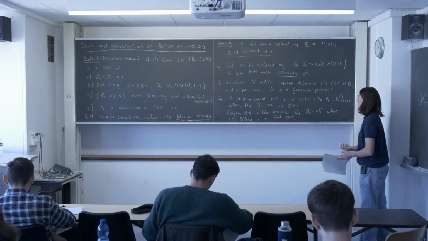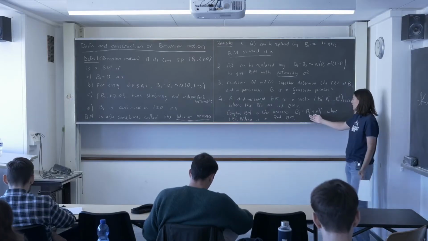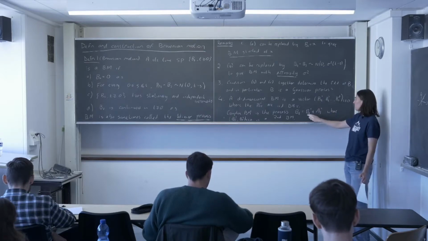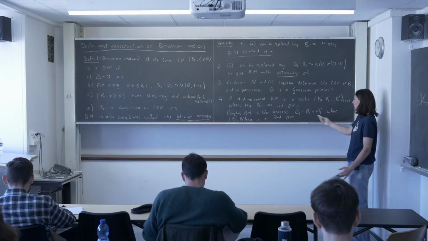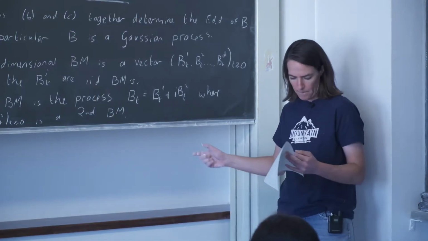Okay, so we can talk about Brownian motion in the complex plane as well, and it's exactly the same as the 2-dimensional Brownian motion under the identification between the plane and the complex plane.